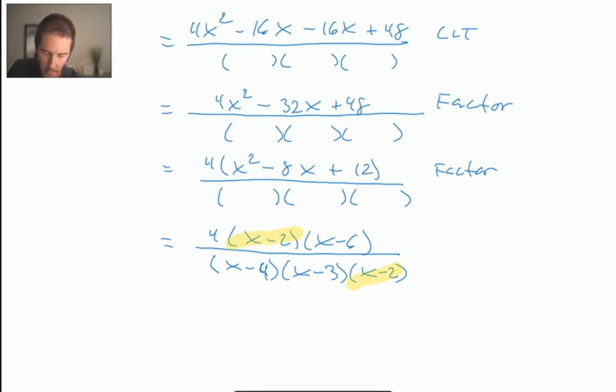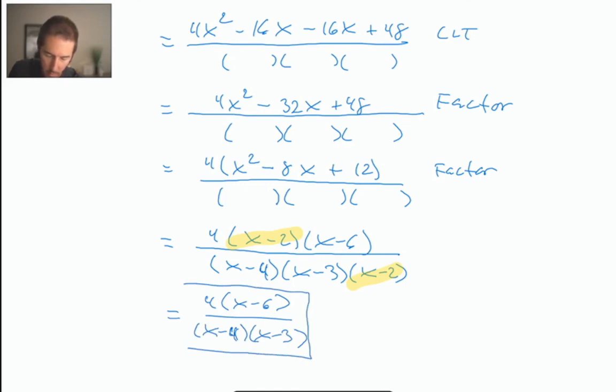Those go away, and I'm going to write my final answer as 4 times x minus 6 over x minus 4 times x minus 3. You could be asked to distribute in the numerator and FOIL in the denominator as a multiple choice option. You might have to do that multiplication, but I would say it's pretty typical to go ahead and leave this in factored form.